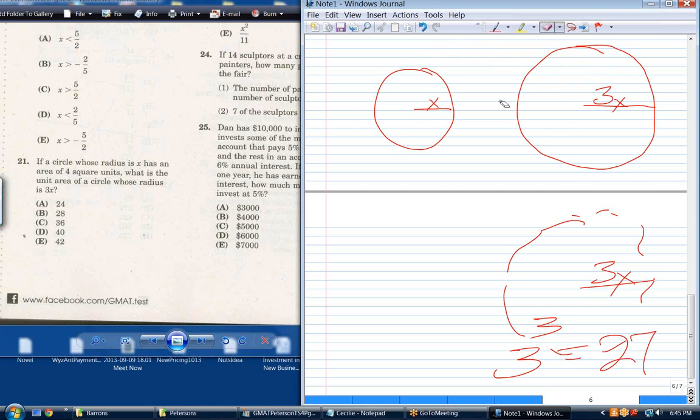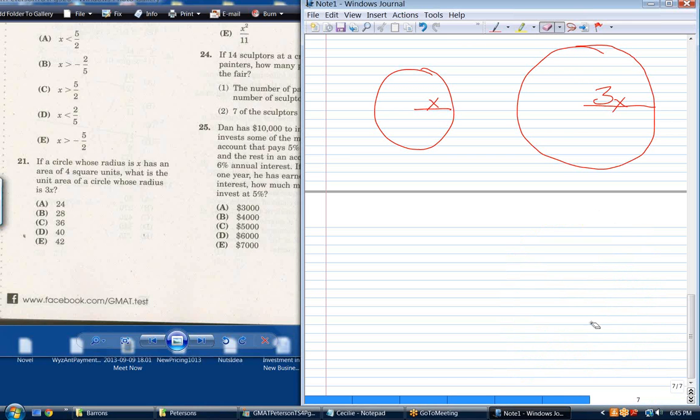Would the area be 36? Yes, because all we know is the area is going to be 9 times bigger than this area. Since they told us that this area was 4, then we know it's 36. This same principle applies to all figures, even squares, rectangles.